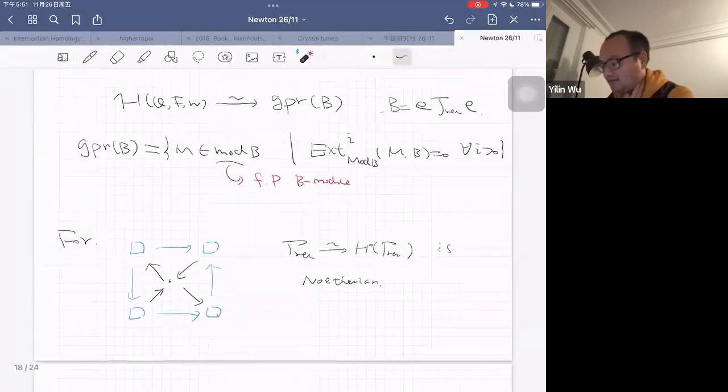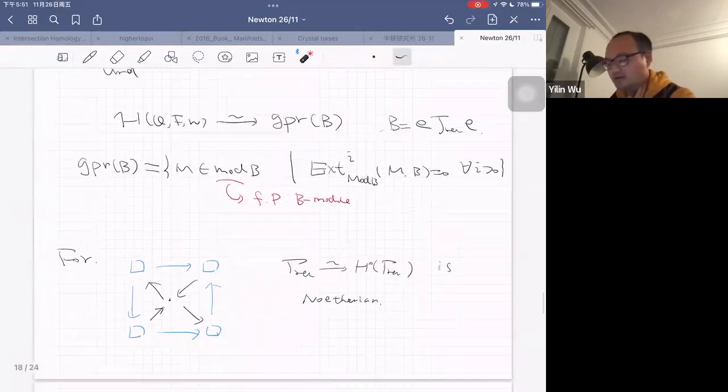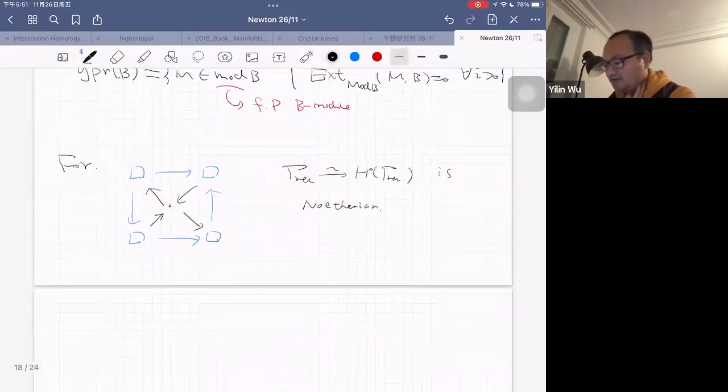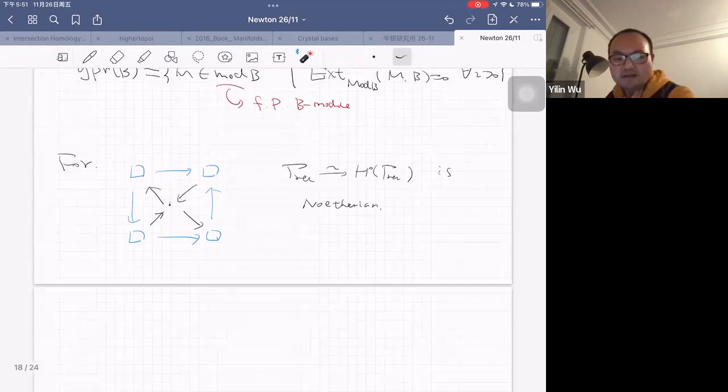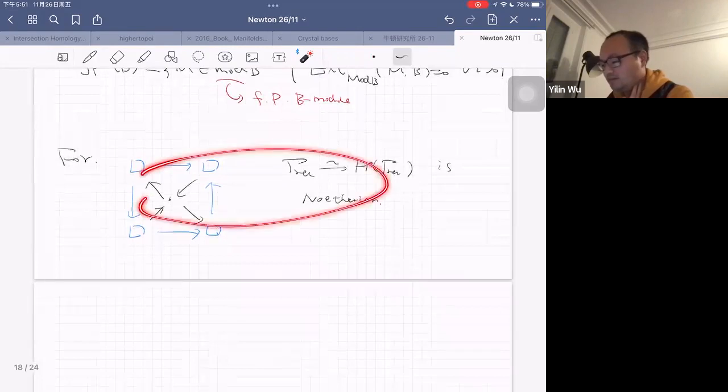So in this example, this Higgs category is equivalent to the Gorenstein projective modules. Moreover, we also have more examples considered by Pressland. For example, if this quiver comes from a Postnikov diagram, then we also have the same properties.